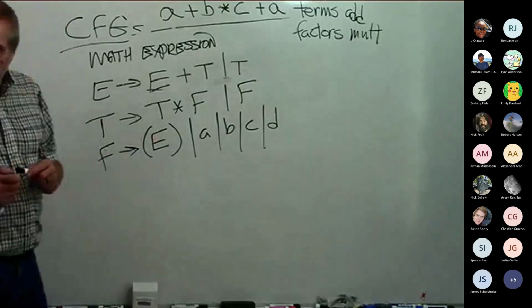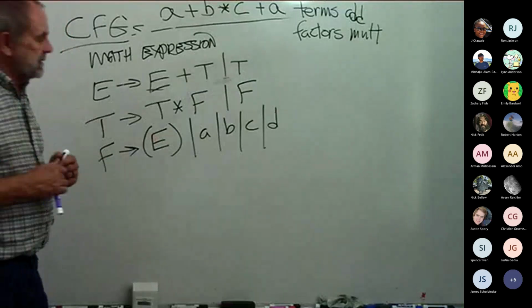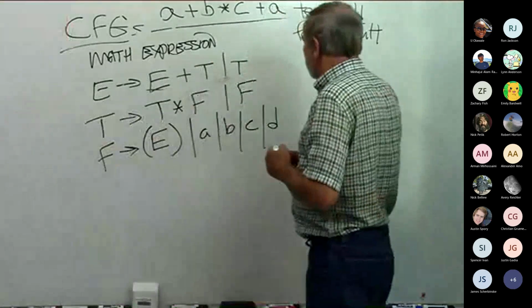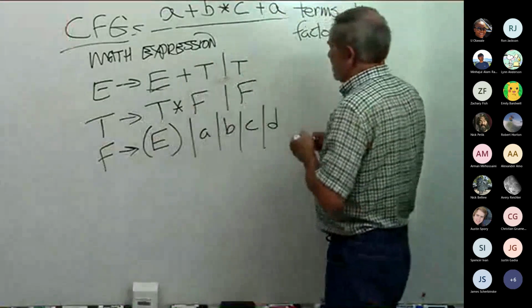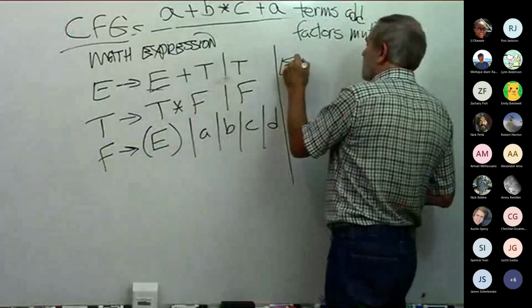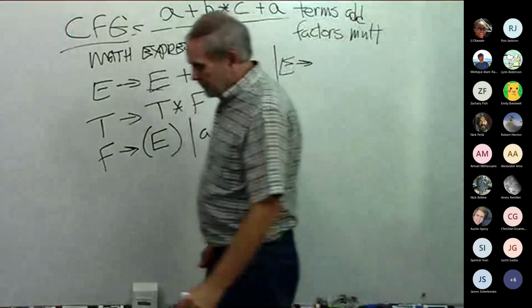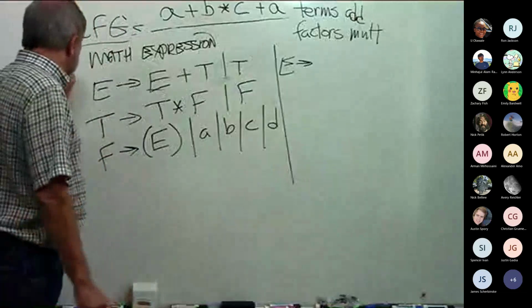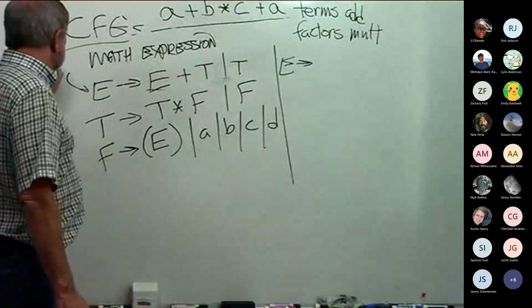Let's see. Let's do a derivation. So starting at E, we looked at derivations last time, and we said a derivation is one where we start with the start symbol.